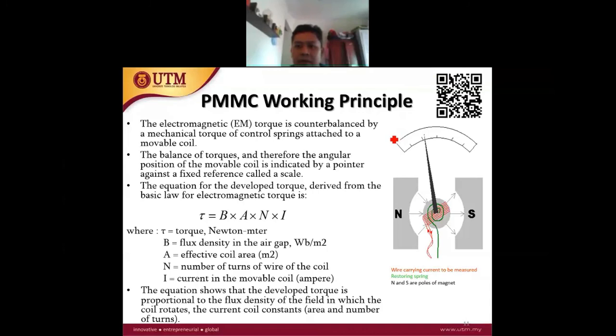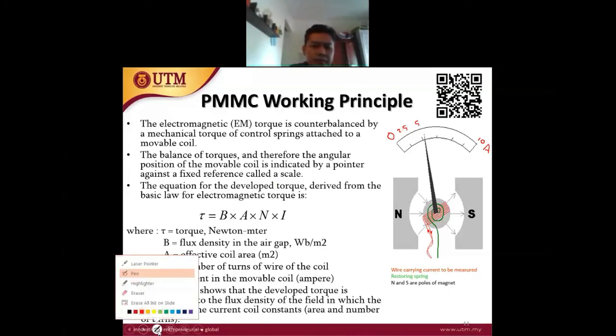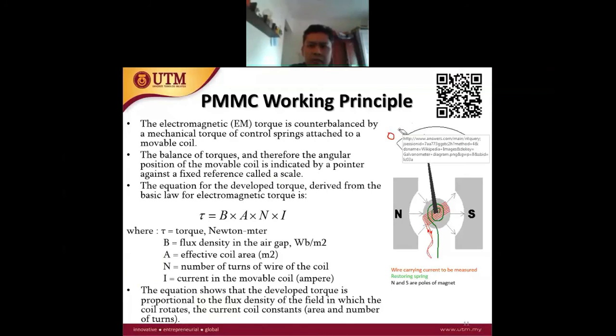For example, we have calibrated it to measure from 0 to 10 ampere. So we know that the rest is just the division of the maximum. For example, here we have 1, 2, 3, 4, 5, 6.